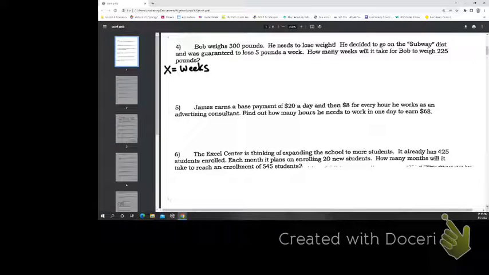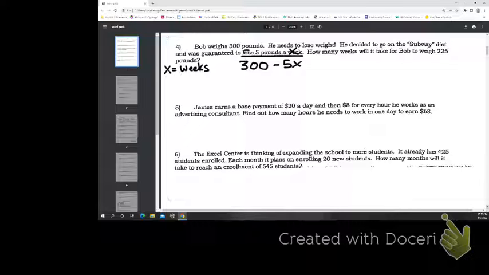So he's starting out at 300 pounds. He needs to lose weight. He decided to go on the Subway diet. He was guaranteed to lose 5 pounds a week. So lose is going to be minus 5 every week, which is my x.